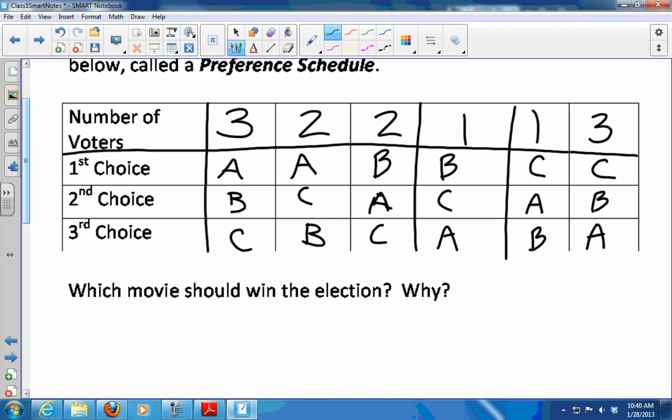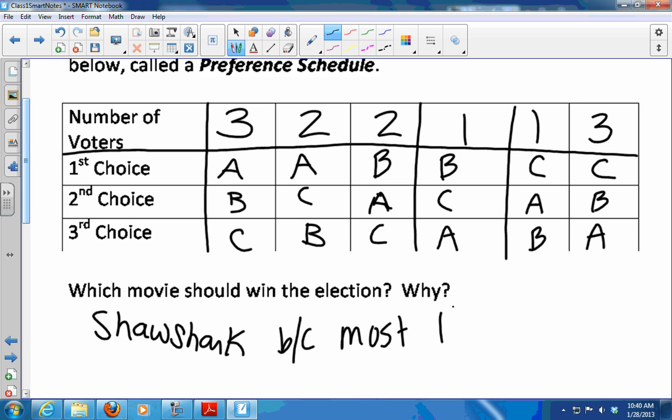So what movie do you think should win? Why do you think that? Yeah, so 5 people have Shawshank Redemption in first place. Okay, so because it has the most first place votes.